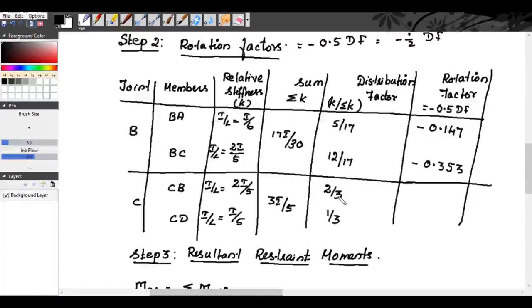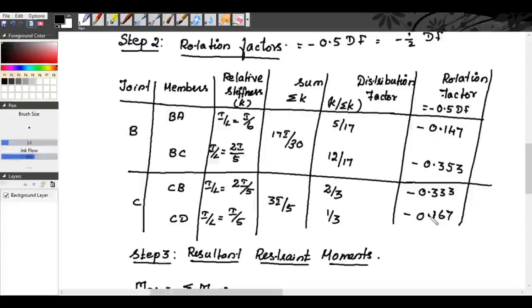Again, 2 by 3 multiplied by minus 0.5, we get minus 0.333. And 1 by 3 multiplied by minus 0.5, we get minus 0.167. So second step is over, that is we have found the distribution factors.